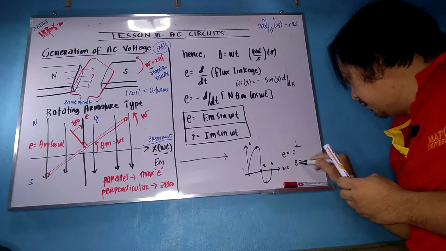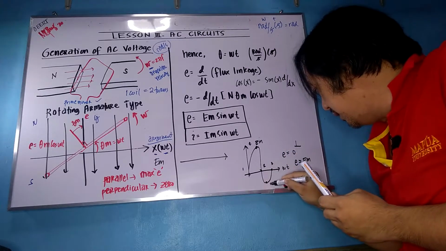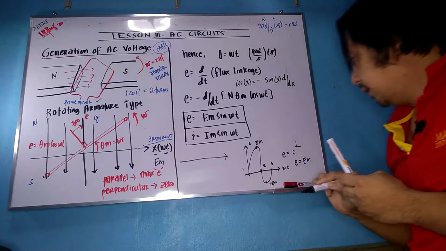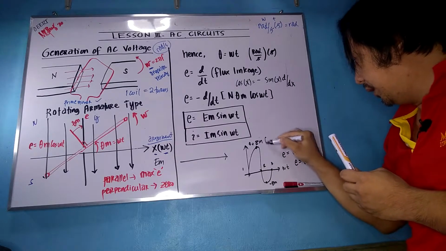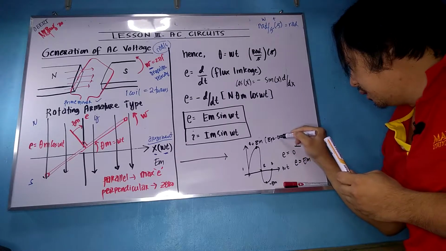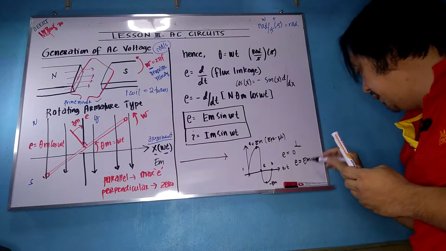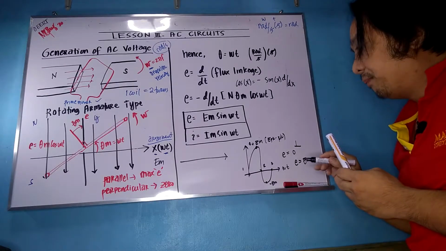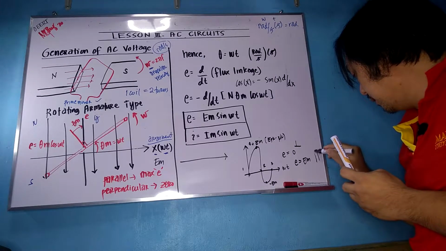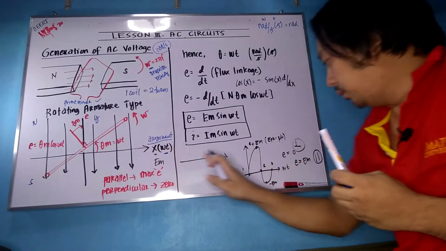And e is at its maximum at these points, Em positive and Em negative. Here we could say this is the peak value, where e is equal to Em if the coil is in parallel with the magnetic field. So you can project this one to here.